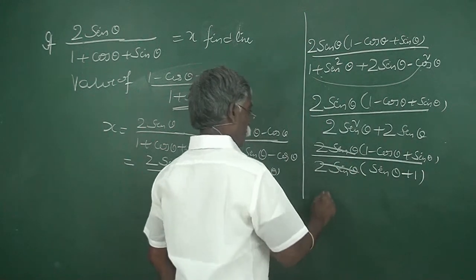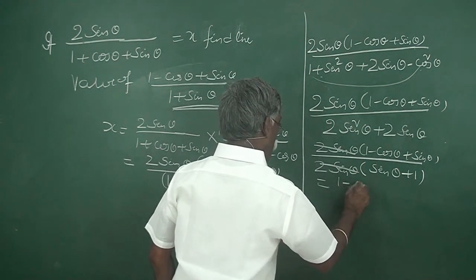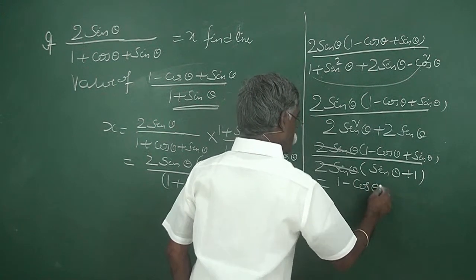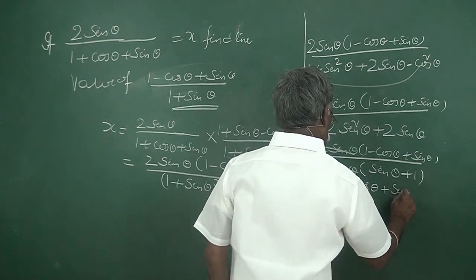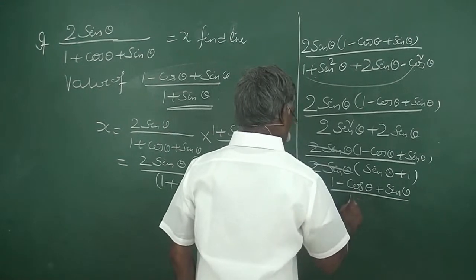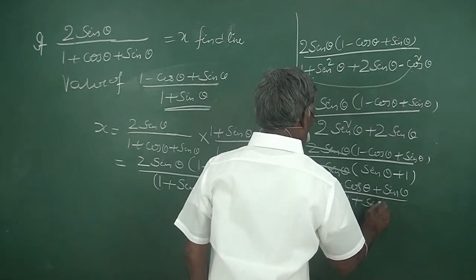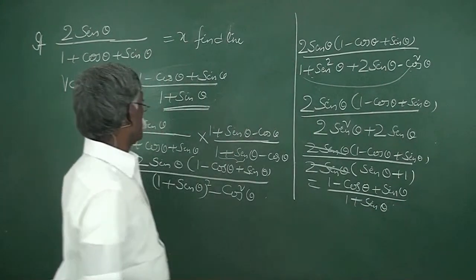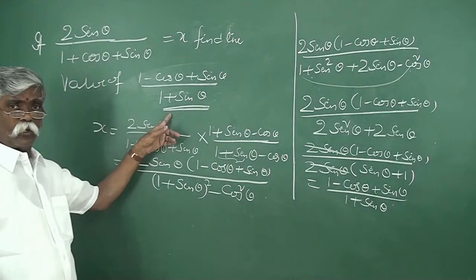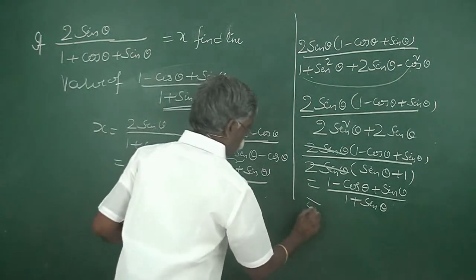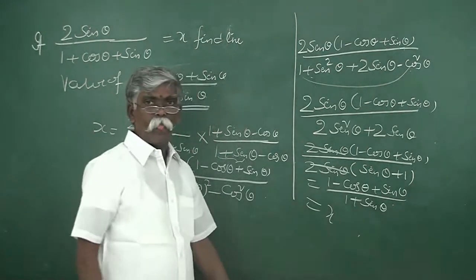These two get cancelled. So the remaining thing is 1 minus cos theta plus sin theta by 1 plus sin theta. This is what we are asked to calculate. So therefore this is also equal to x.